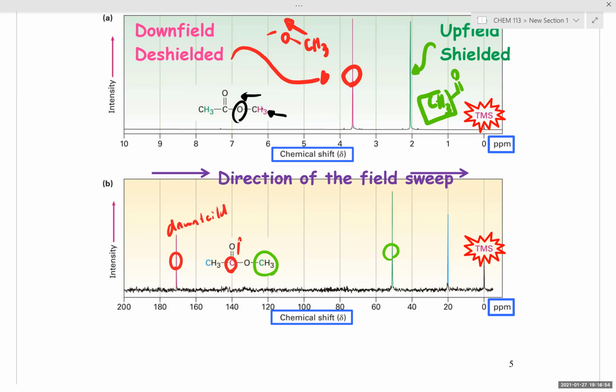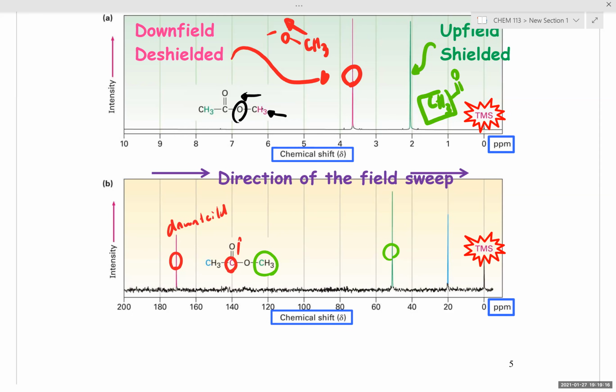Professor, is it safe to say that deshielded atoms are kind of like partial positive? Deshielded nuclei are generally more electron deficient. Yes, that is correct.